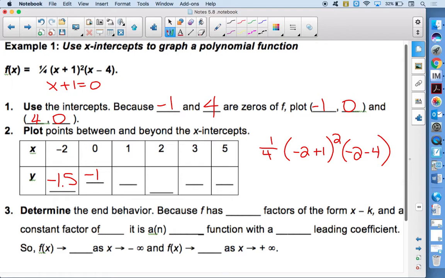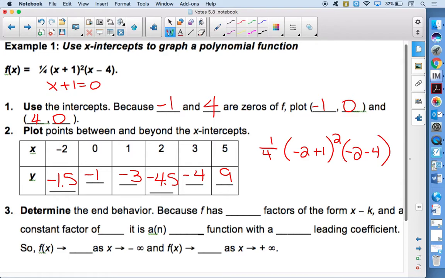Kirsten, do you have the number when we plug in a +1? Good. How about a +2? Anybody have that number? -4.5. Gunnar, you have 3, -4. And you have the 5th one? 9. Good.